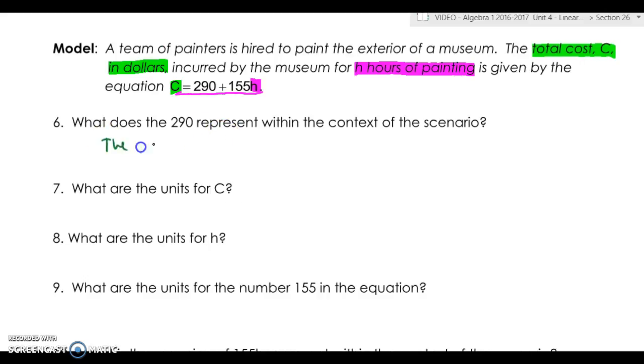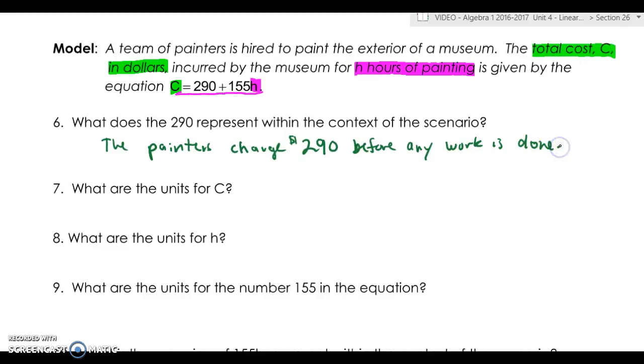The painters charge $290 before any work is done. So this could be supplies, it could be contractual paperwork or something like that, but there's a set fee. They're going to charge $290 and then additional amounts for any additional work.